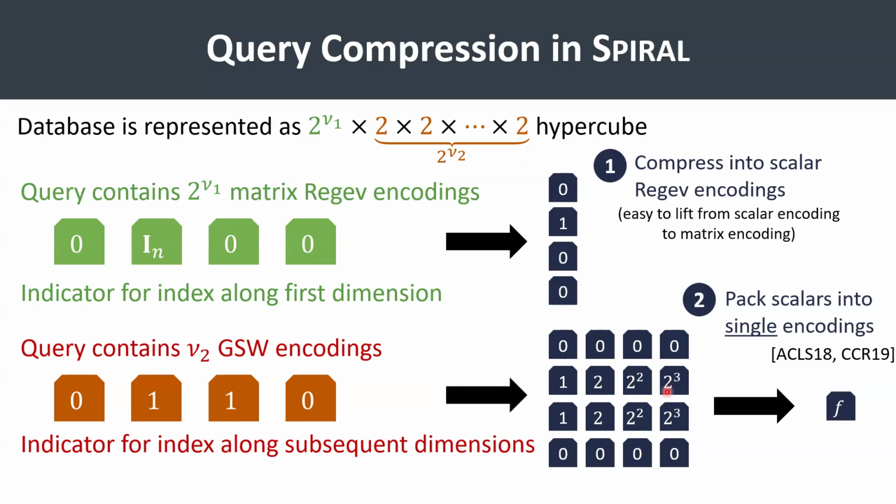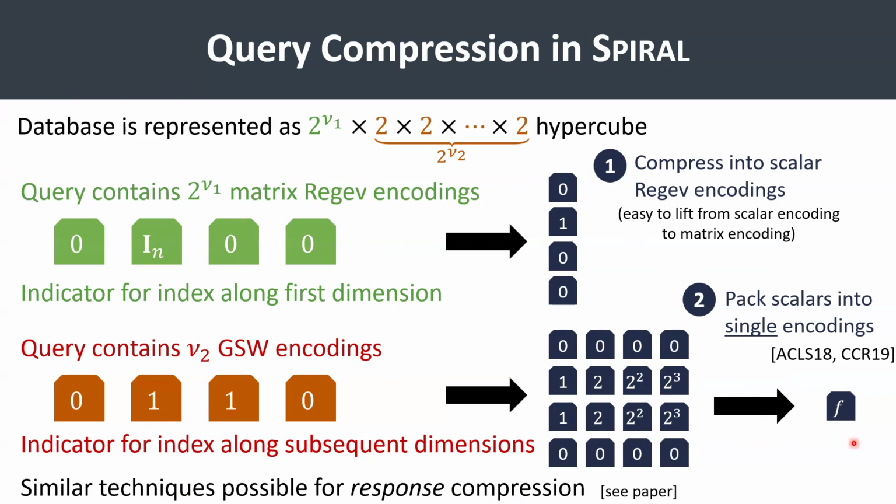So instead of encrypting 1 bit or 1 scalar at a time, I can now encrypt a vector of bits at a time. And that's exactly what we do here. So we can pack all of these things together into a single ciphertext. Now we started with something very big, and we have something much smaller now. And we can also use similar techniques to actually reduce the response size. So the same kinds of homomorphism and compression, we can use in multiple ways.